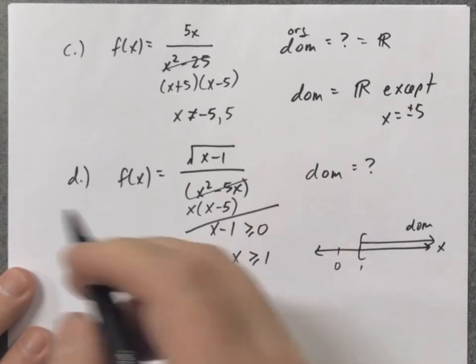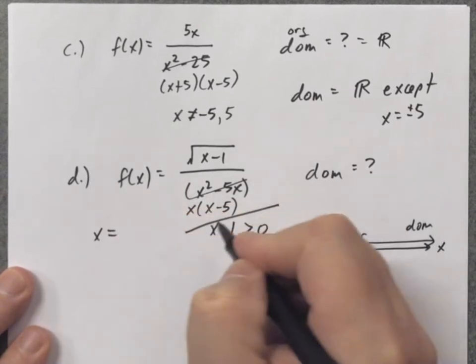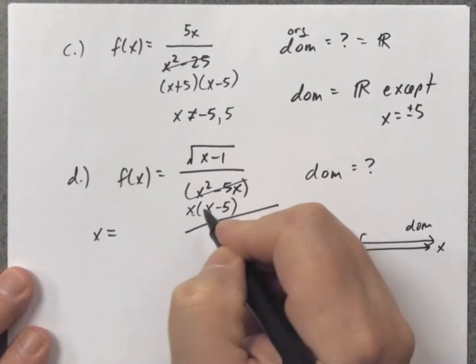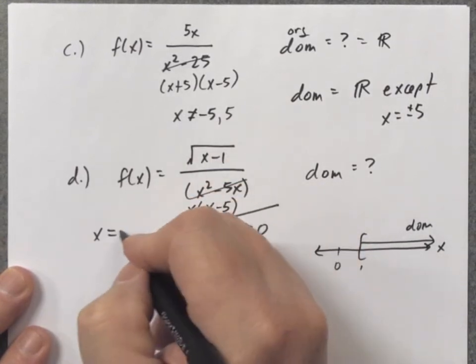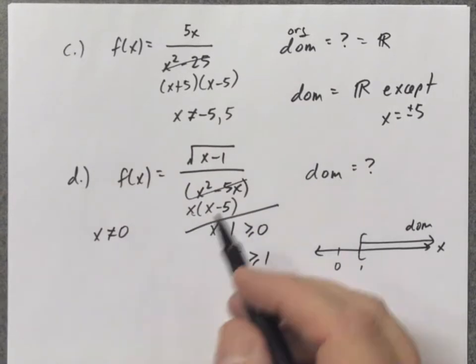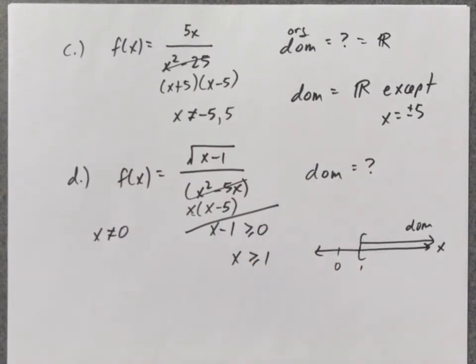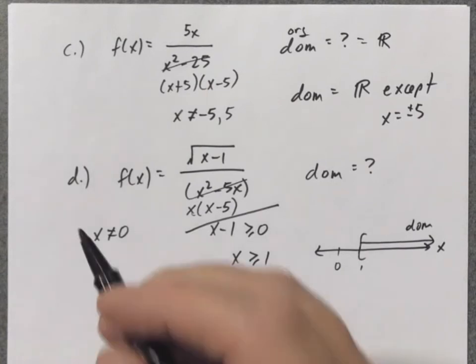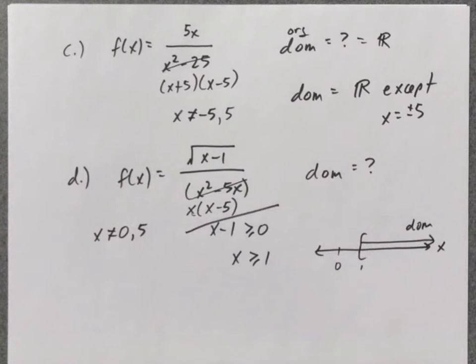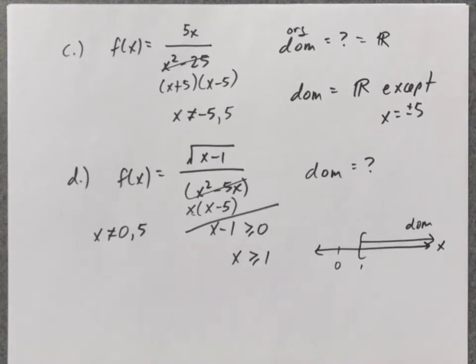This first x here, obviously, I cannot let x equal 0 because 0 times a parenthesis is 0 and the whole denominator is 0. So x cannot equal 0. And now if I look in the parentheses, what value of x would cause the parentheses to be 0? 5. So in this case, there are now two values of x which I can't have. X cannot equal 0 or 5.